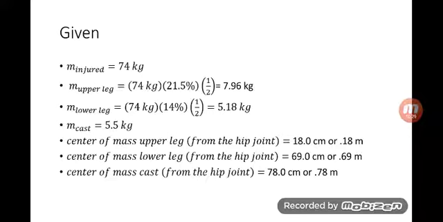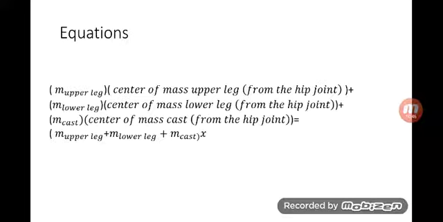So the center of mass of the upper leg from the hip joint is 18.0 centimeters. Center of mass of the lower leg from the hip joint is 69.0 centimeters or 0.69 meters. And center of mass from the hip joint to the cast is 78 centimeters or 0.78 meters.